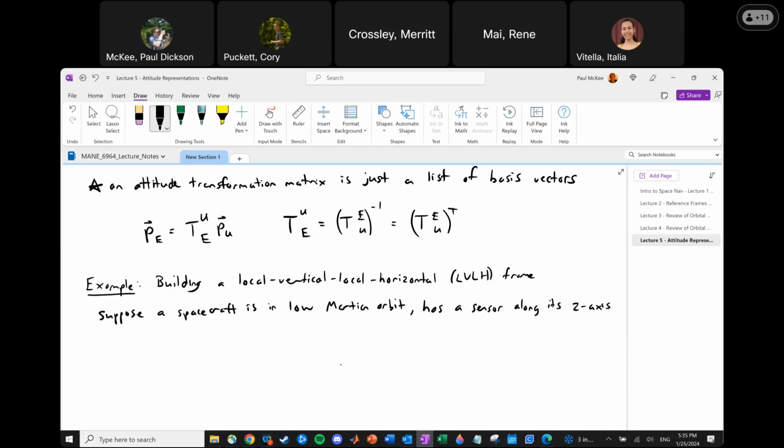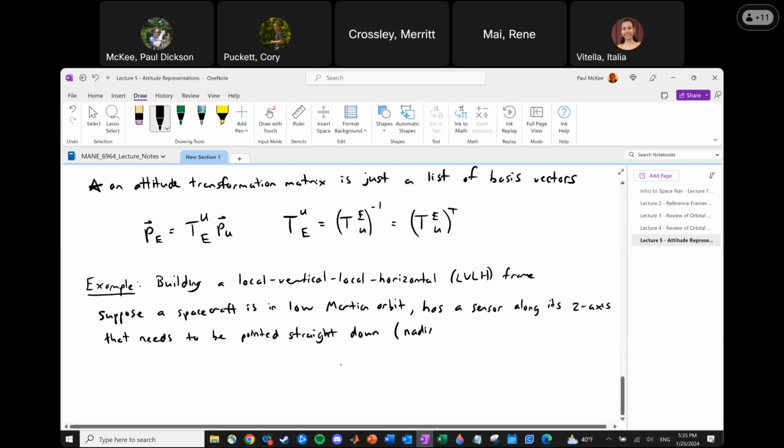And that sensor needs to be pointed straight down. You might be familiar that the aerospace word for straight down is nadir. And then pointed straight up would be zenith, right? Same idea. So zenith pointing, nadir pointing.